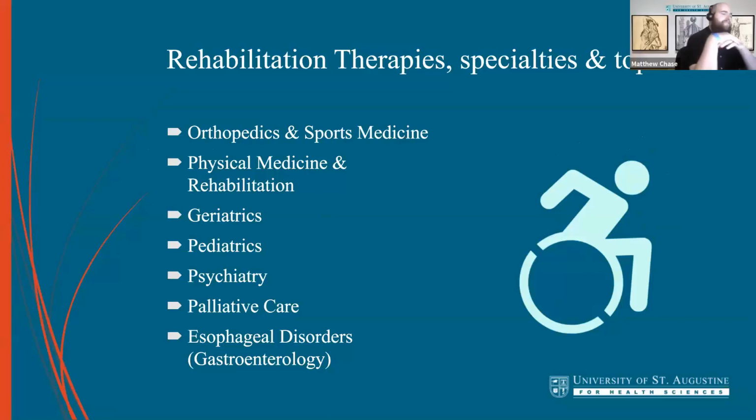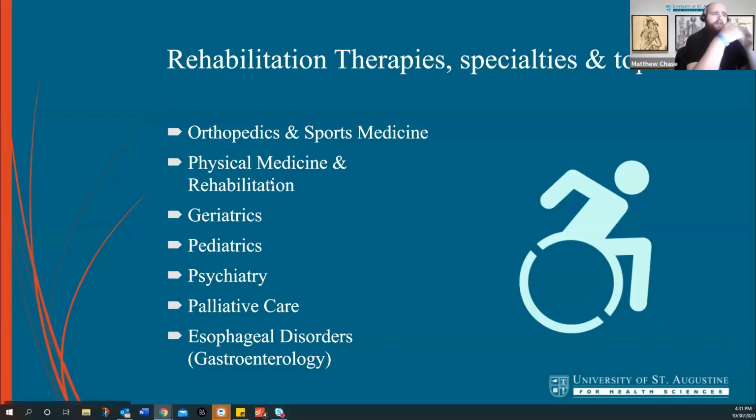Sounds good. Thanks, Esther. Essentially, as this slide shows, it introduces the different types of topics and specialties and other summaries that are available for faculty and for students. We wanted to pick out some of these since we thought they would be really relevant for a lot of the disciplines being taught through the university in regards to sports medicine, physical medicine and rehabilitation, geriatrics, pediatrics, psychiatry, since I know a lot of the occupational therapists in particular often deal with psychological and psychiatric dimensions of care.